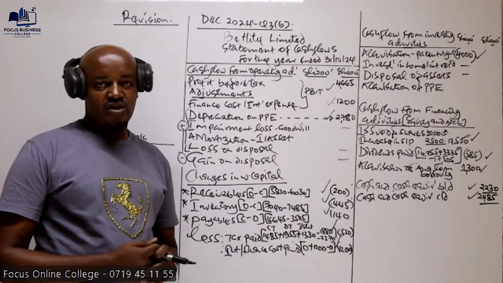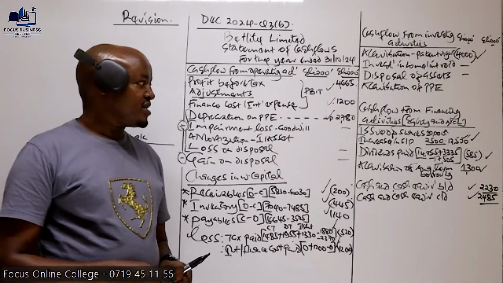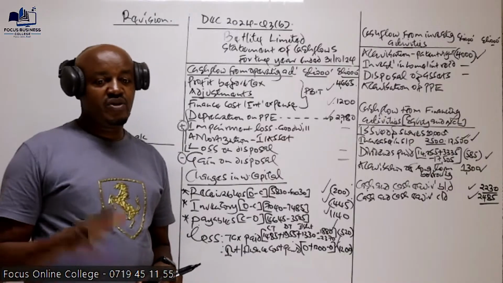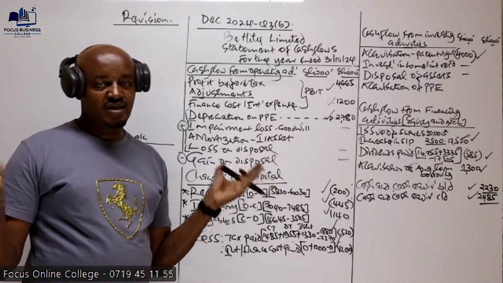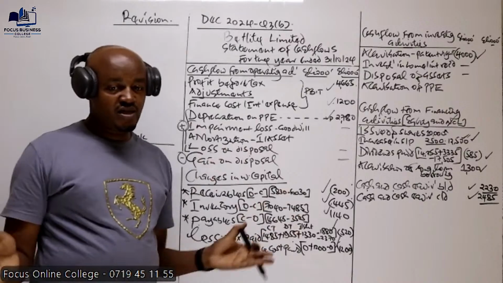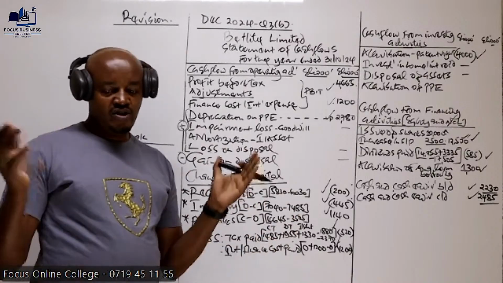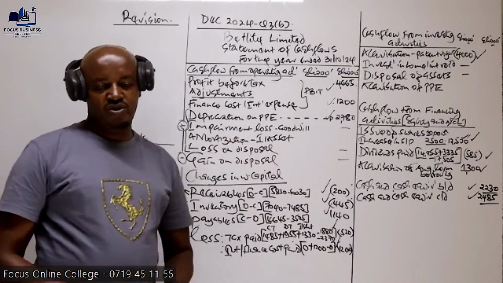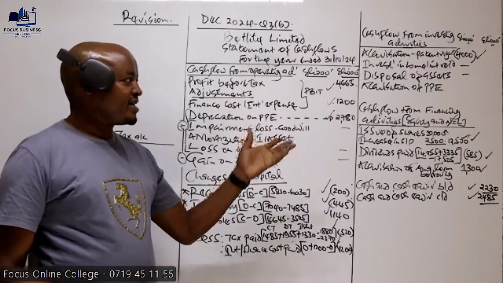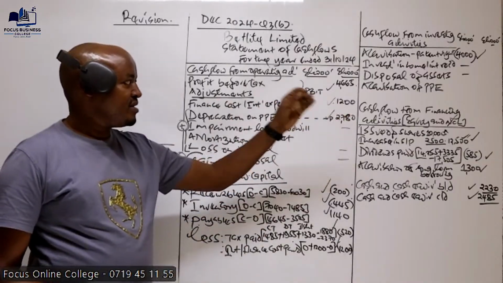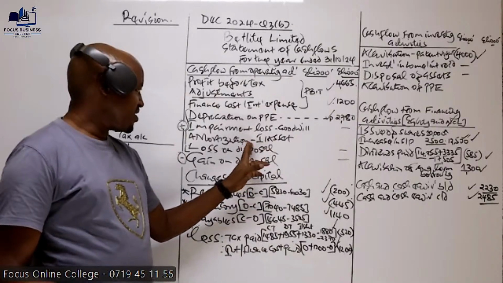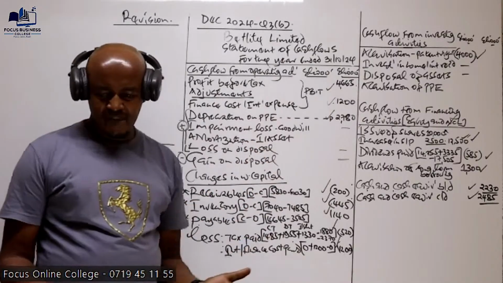Within an examination setup, for any question you attempt, you have to finish that question within how many minutes? Within 40 minutes, especially the computation one. 40 minutes, then move to the other question. So there are other items maybe you can compute, like the PPE. We can also compute amortization, but I think no need.